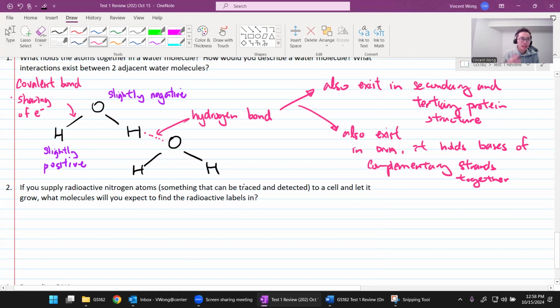It sounds like a strange question, but basically it's just asking what kind of molecules in the cell have nitrogen. We of course have four kinds of macromolecules: carbohydrates, proteins, nucleic acid, and lipids.